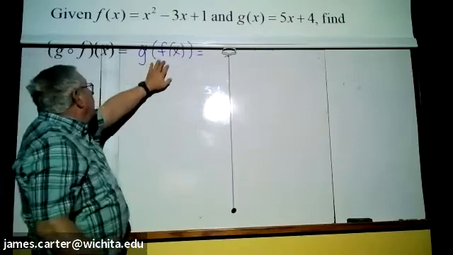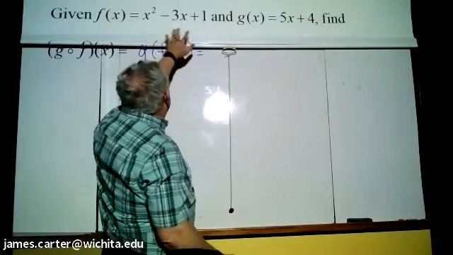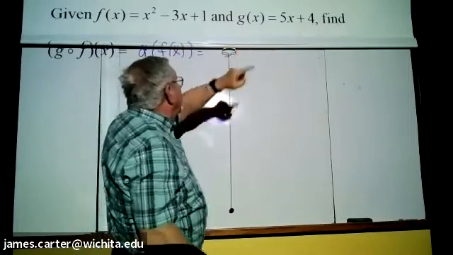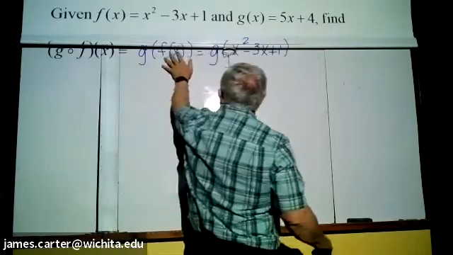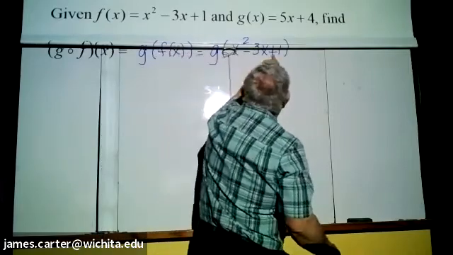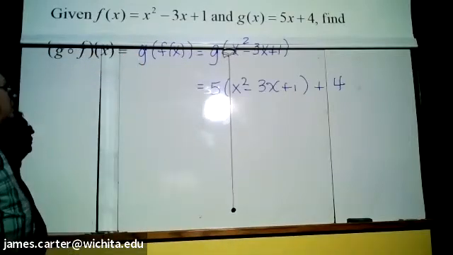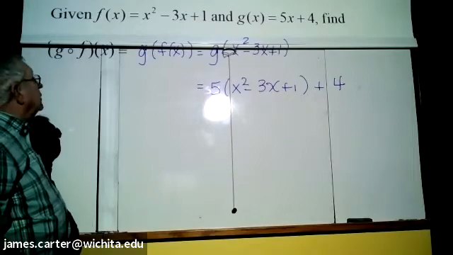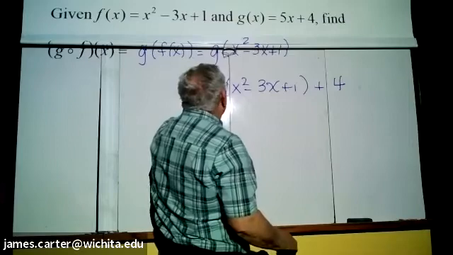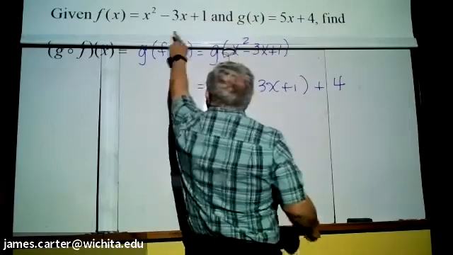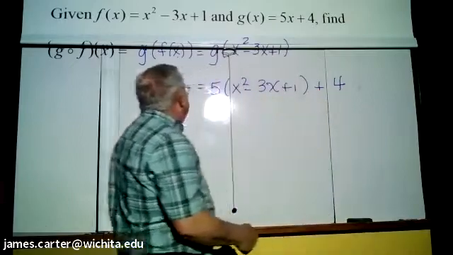Okay, more notation, f of x. That shows that we're going to substitute this whole thing into that x up there. Or this, and this is just laying it out with the x squared minus 3x plus 1. Okay, now we actually do that. G of x has the 5 times the f of x value plus 4.